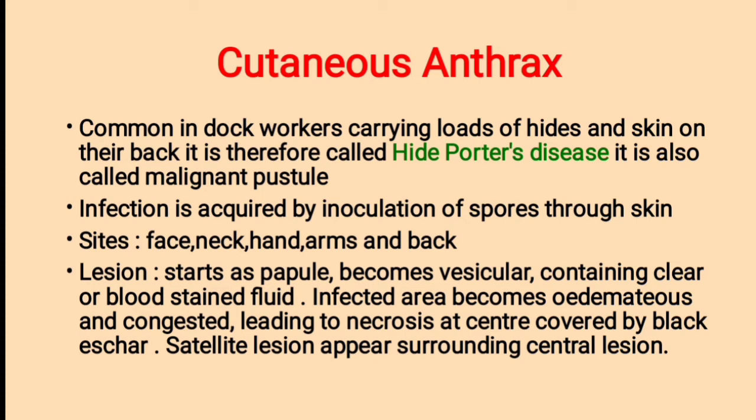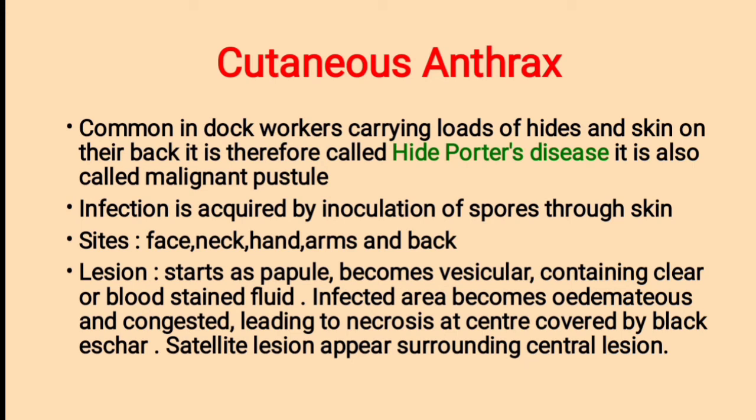Then what are the peculiarities of the lesions? Lesion starts as a papule, it becomes vesicular, containing clear or blood-stained fluid. The infected area becomes edematous and congested, leading to necrosis at the center covered by black eschar. Satellite lesions appear surrounding the central lesion.